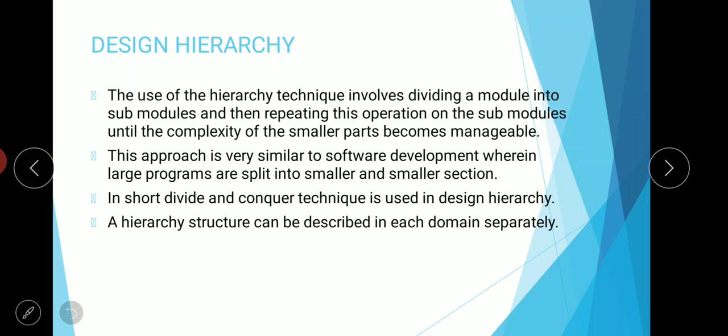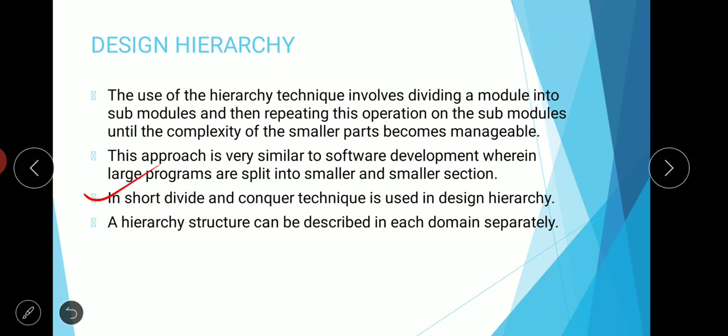Means the hierarchical design approach reduces the design complexity by dividing the large system into several submodules. This division is done until it reaches an understandable level. This type of approach is known as divide and conquer.